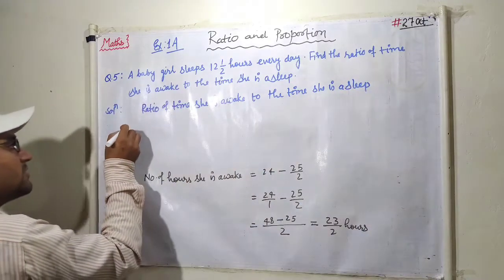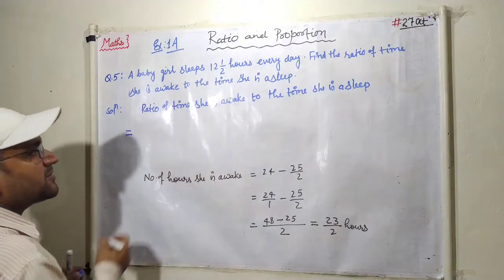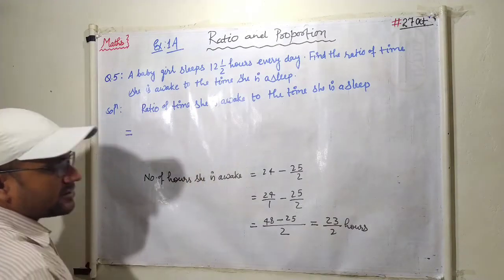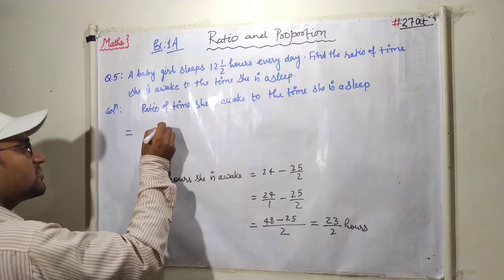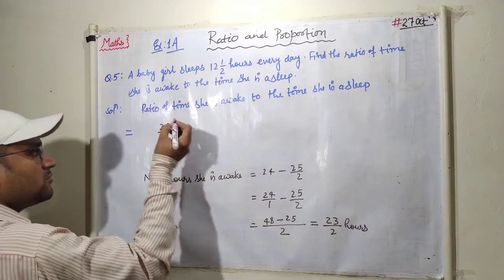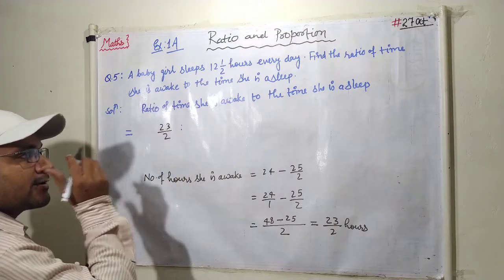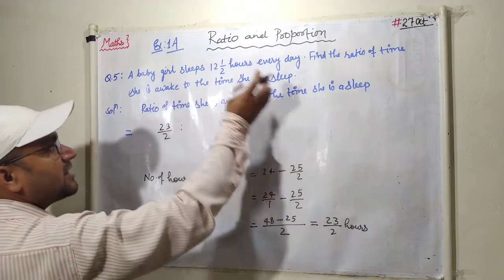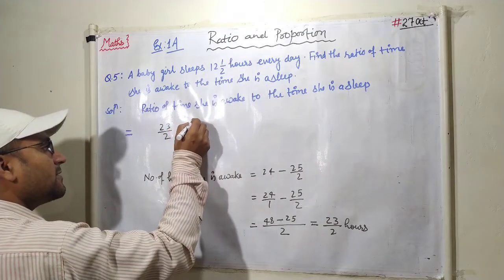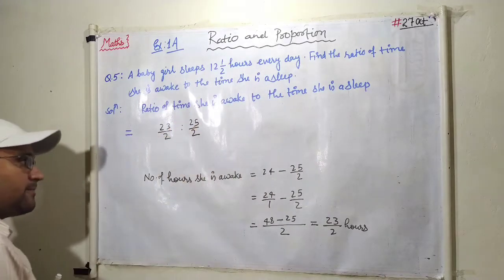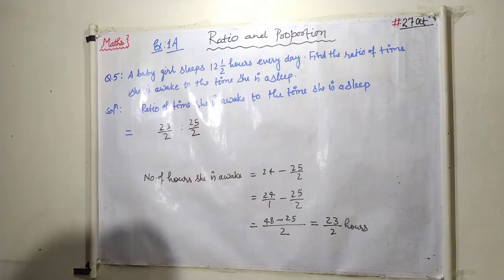Okay, so here you see the number of hours she is awake is 23 upon 2. So you will write this 23 upon 2 ratio, and the number of hours she is asleep is 25 by 2. Okay, this is the ratio.